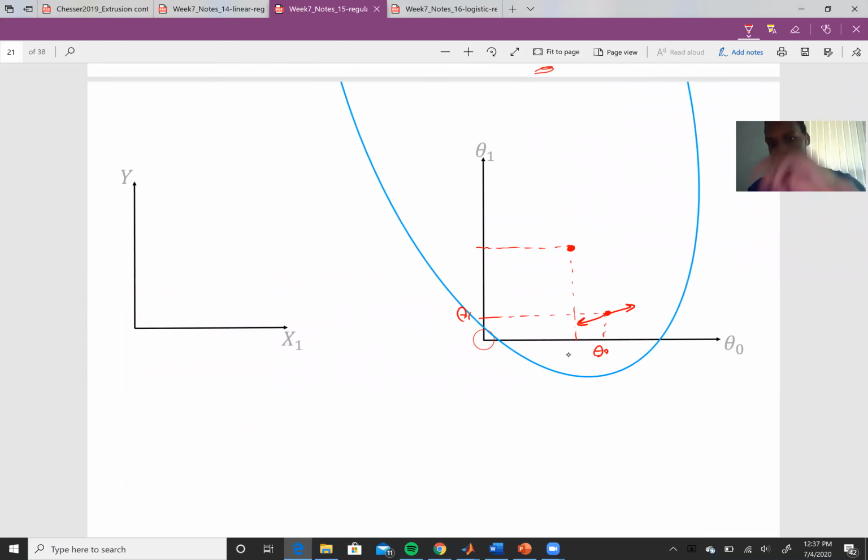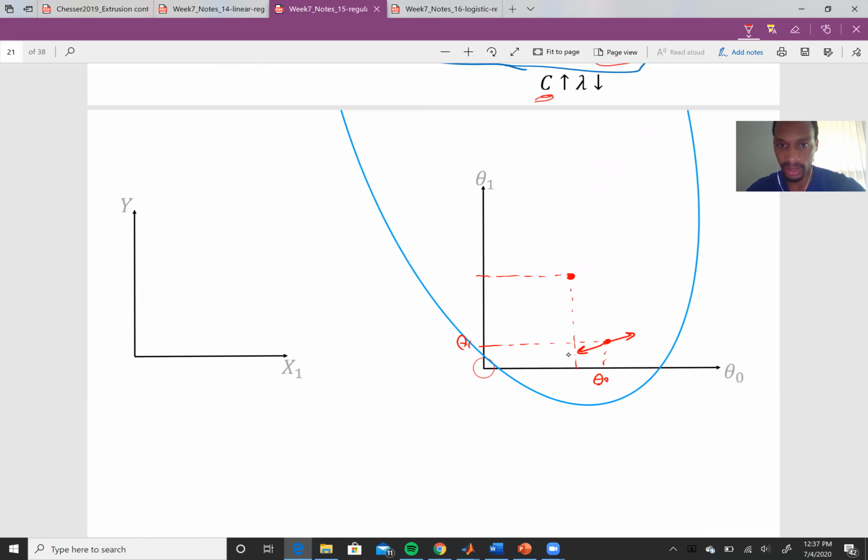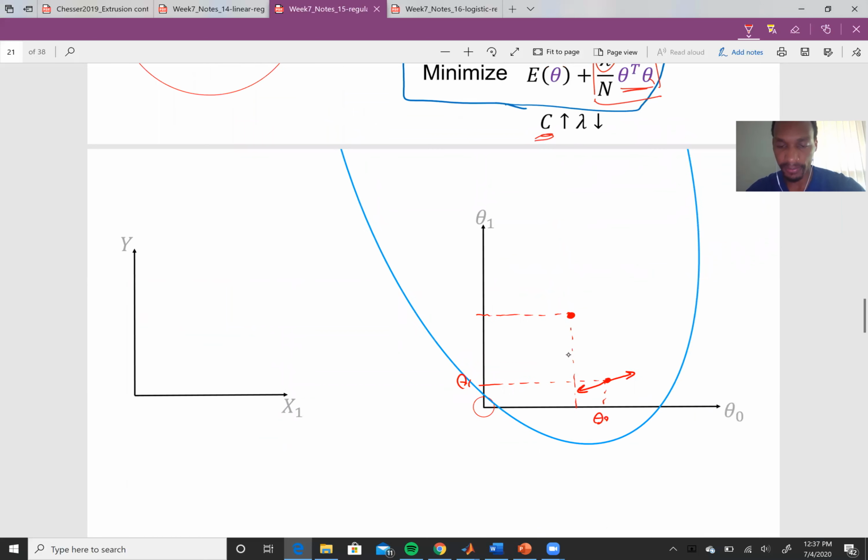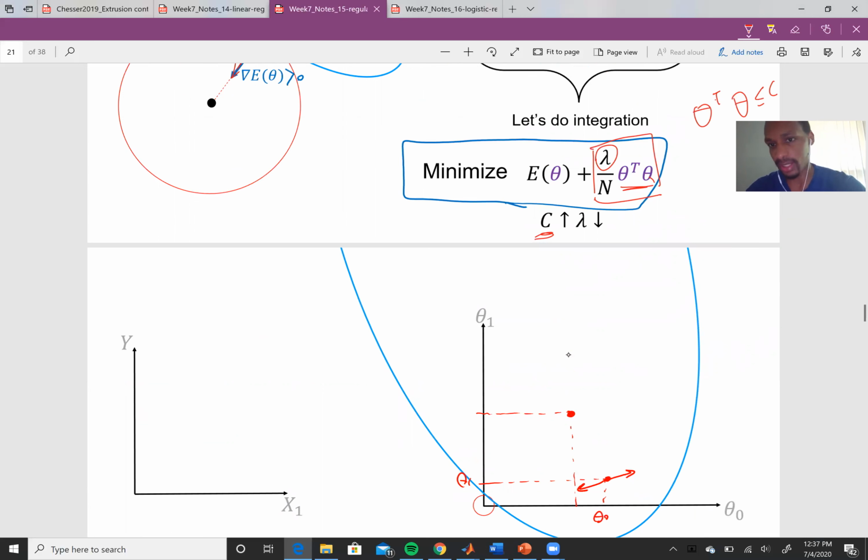Yeah, he was sort of drawing some stuff here. Basically, you have some choices when you choose this C. Well, I guess you don't really choose C; you choose lambda. But there's an inverse relationship between C and lambda, so as you decrease lambda, your C gets larger.